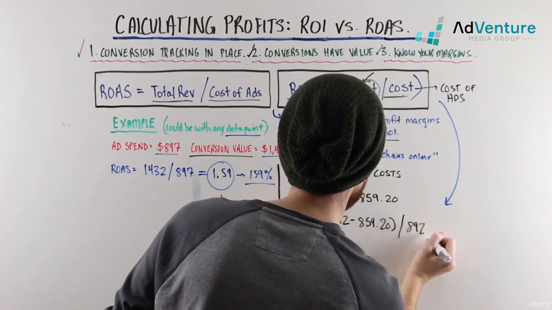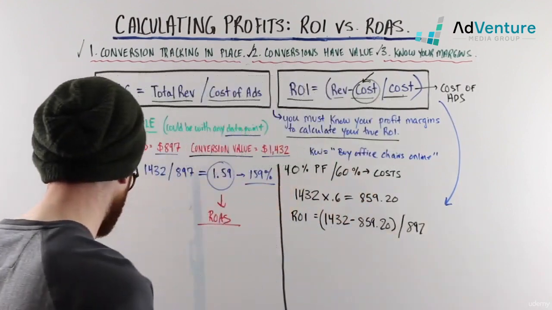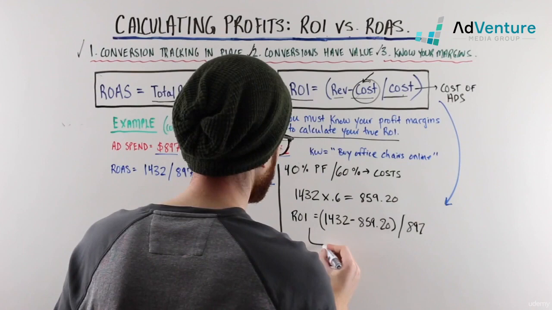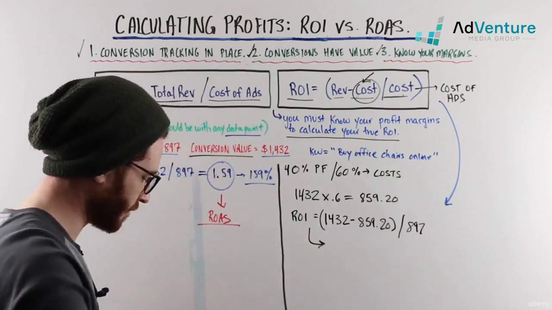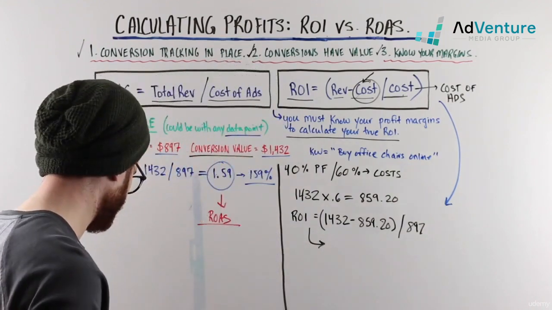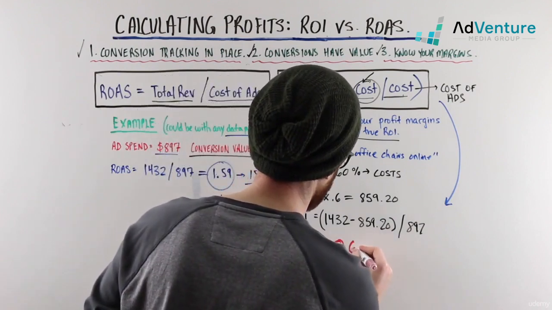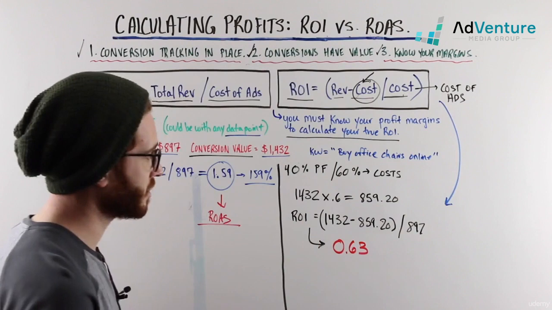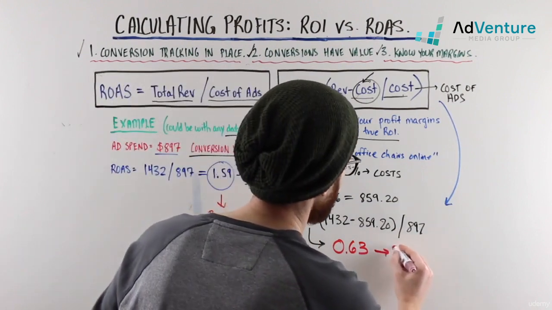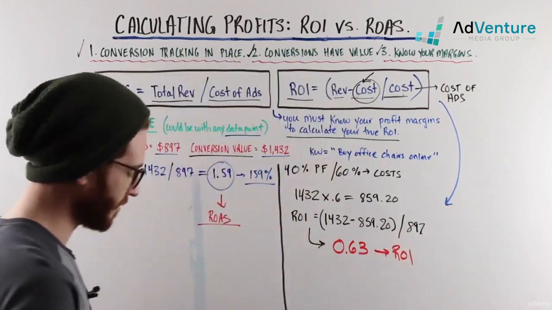And do you know what we get when we plug in these numbers? We get a total, and let me put this in red because it's a red number. Red is bad. 0.63. I hope you're following along with your calculator. And this is our ROI for the same conversion value, but with different profit margins.